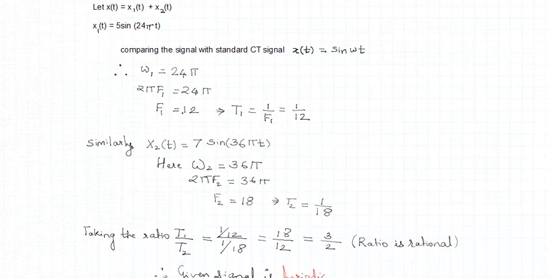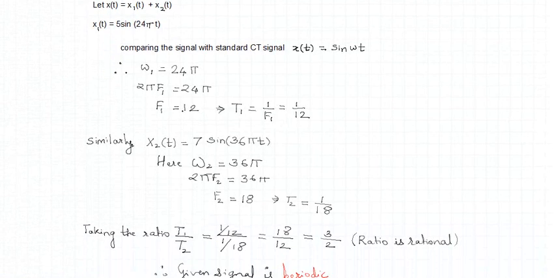Expressing omega as 2 pi f2, if we solve it, we get f2 to be 18. Taking the reciprocal of f2, we get T2 to be 1 by 18.